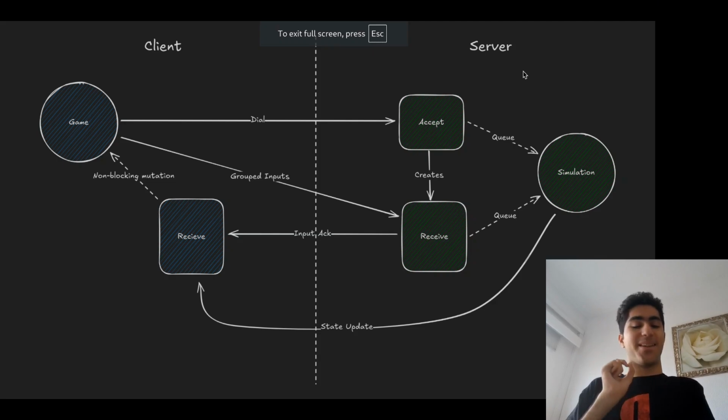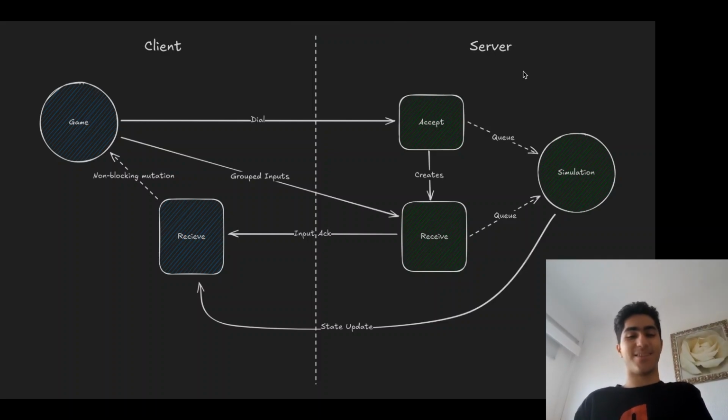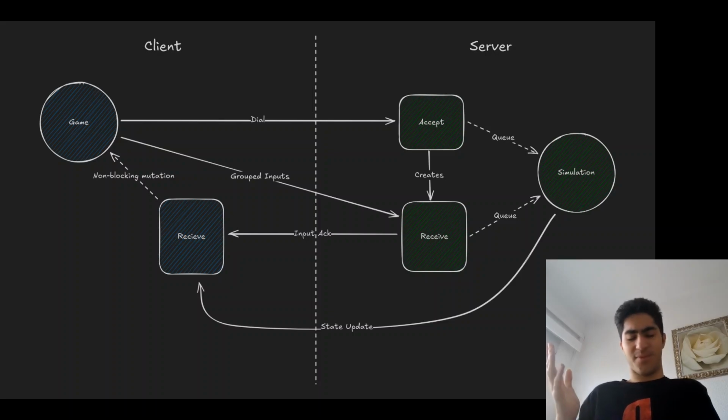If you want to do this kind of stuff, please have a separate loop for receiving from the network, but you don't need to have a loop for sending them. You could, but you will introduce some delay, which is not cool.